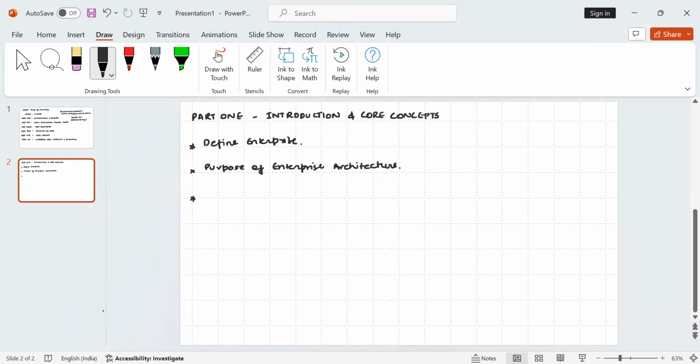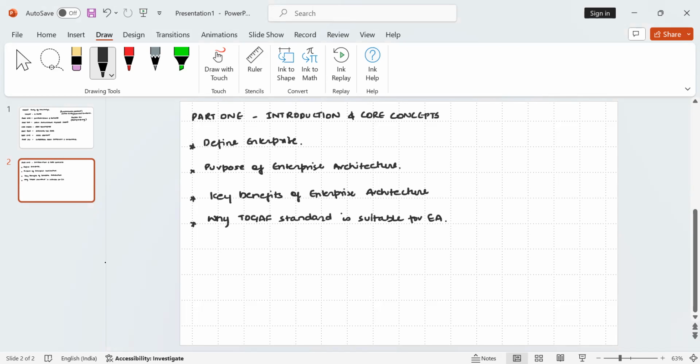Then we have to study what are the key benefits of enterprise architecture. Next, we need to understand why the TOGAF standard is suitable for enterprise architecture.